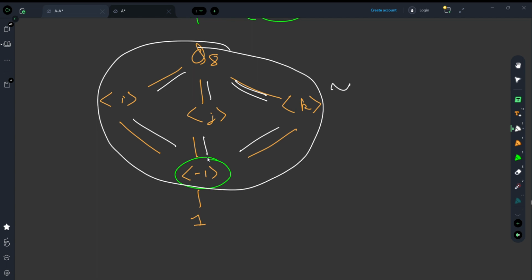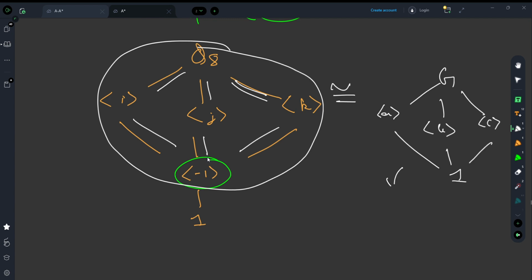Observe that by lattice structure, it is isomorphic to something like this: generated by A, generated by B, generated by C, and coming back to 1. Observe that this is the lattice of V4, right?